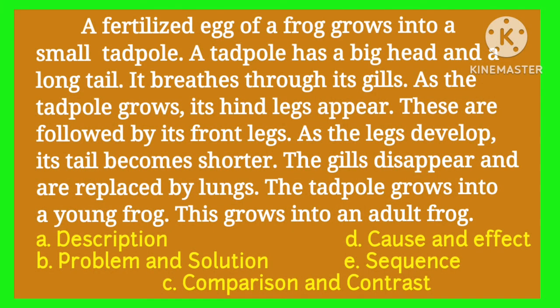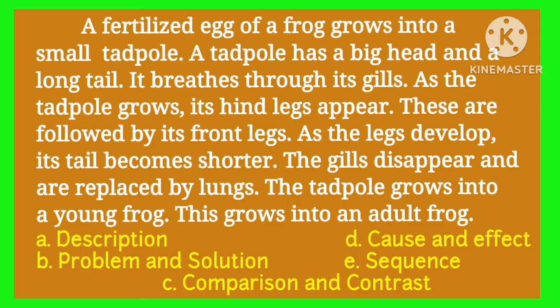Number 5. A fertilized egg of a frog grows into a small tadpole. A tadpole has a big head and a long tail. It breathes through its gills. As the tadpole grows, its hind legs appear. These are followed by its front legs. As the legs develop, its tail becomes shorter.